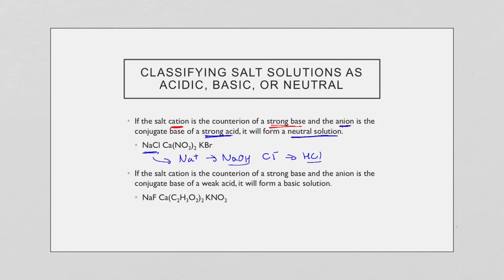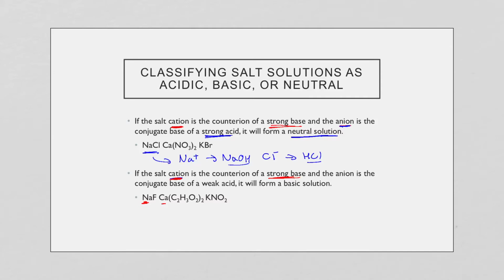Now, what if only the negative ion has an effect? So what if the cation, let's go back and do it in red, what if the cation is still the conjugate ion of a strong base like sodium, or calcium, right? Potassium, right? Any of these group 1 or 2 metals.